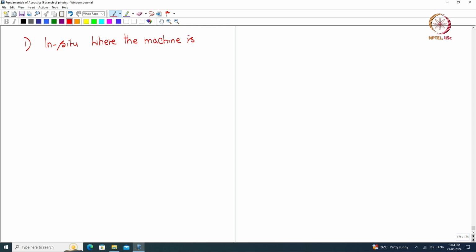Let's say the machine is sitting somewhere in a room, and there is a neighboring machine. That is making sound, and this is also making sound.